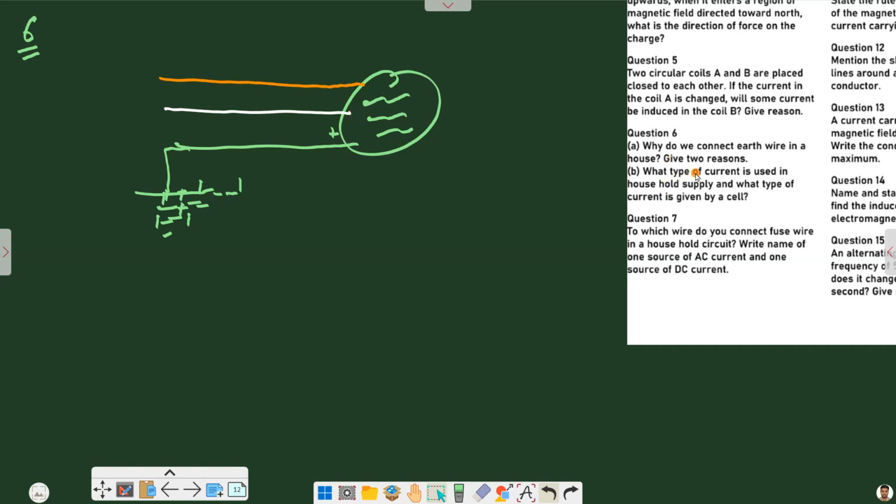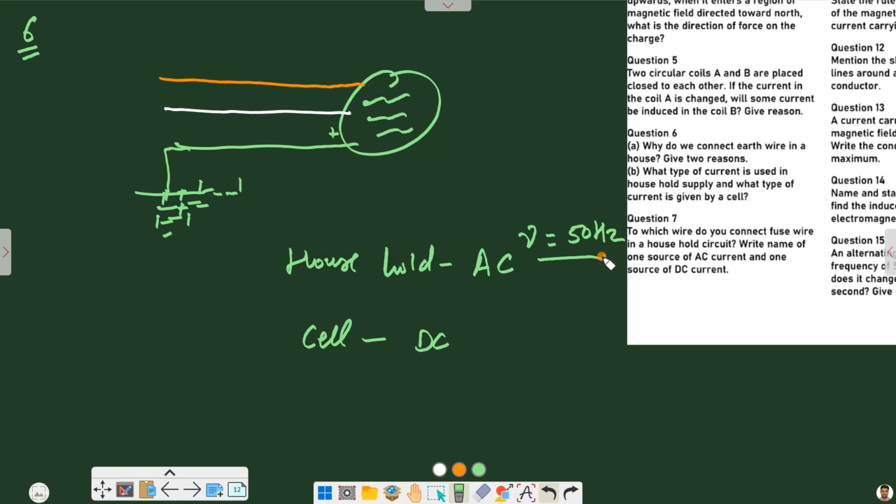Now, what type of current is used in household supply and what type of current is given by a cell? We have already covered this type of question. In household supply we use AC current, and in a cell we have DC current. The frequency of AC current in India is 50 Hertz, so it changes its direction 100 times per second.